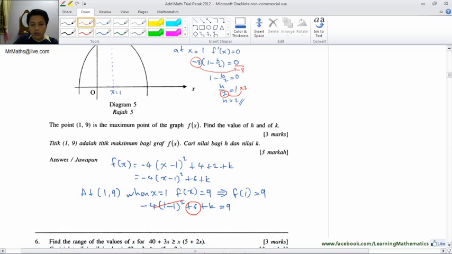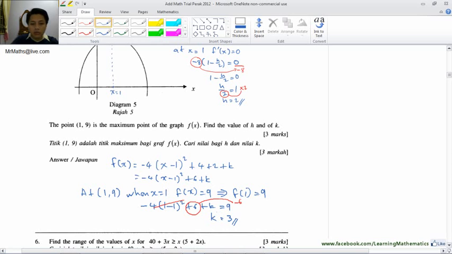It becomes minus 6, so that we can find k. So k is 9 minus 6, which is 3. So that's the answer for h and k.